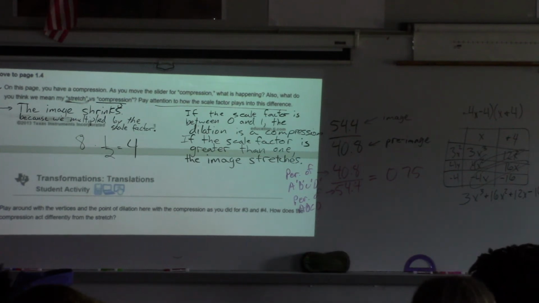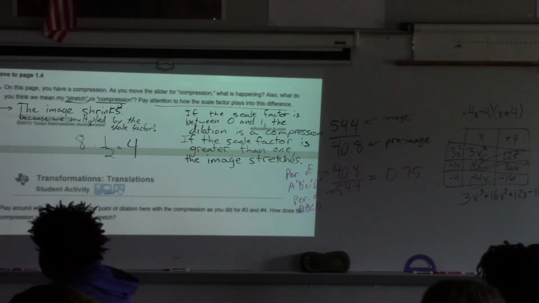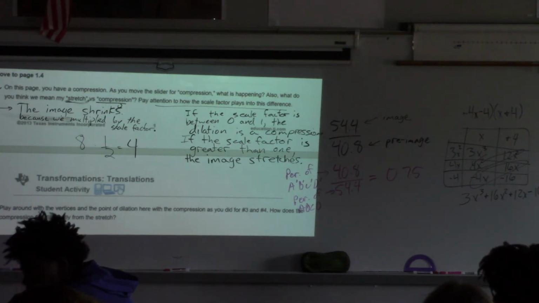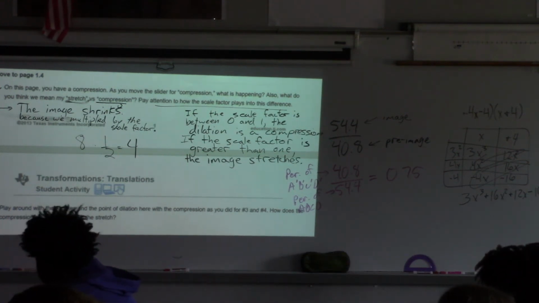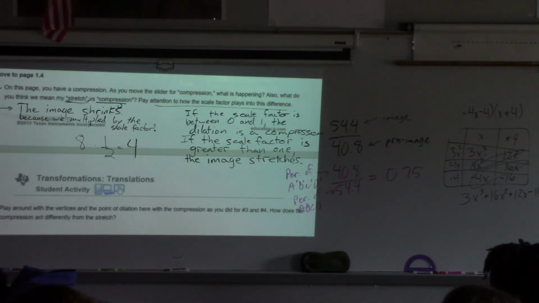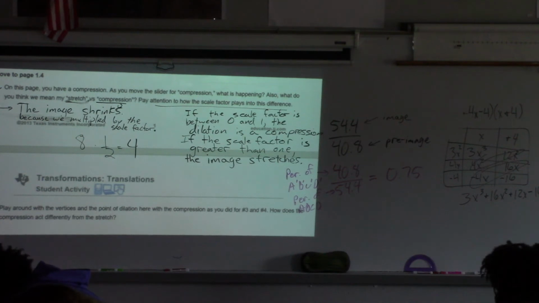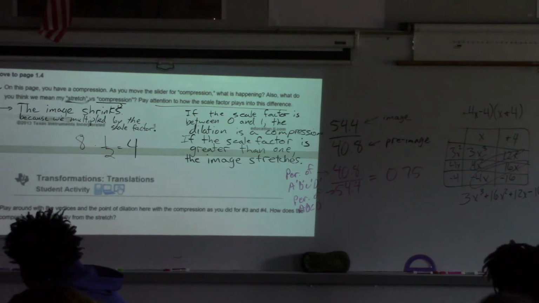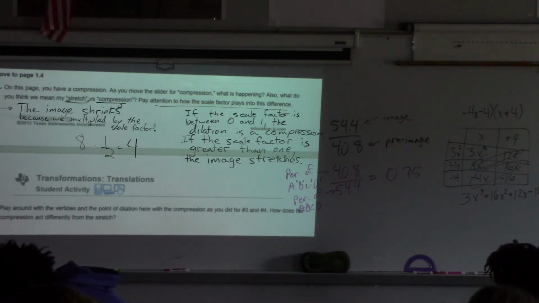Number 7. We just finished number 6. We're on number 7. Did a compression act differently than a stretch? Were the pre-image and image angles still congruent? Yes. Were we still multiplying by the scale factor? Yes. So they don't behave differently.